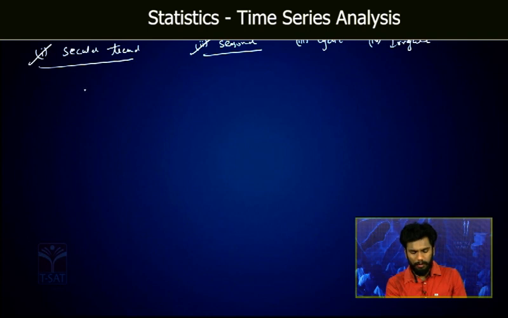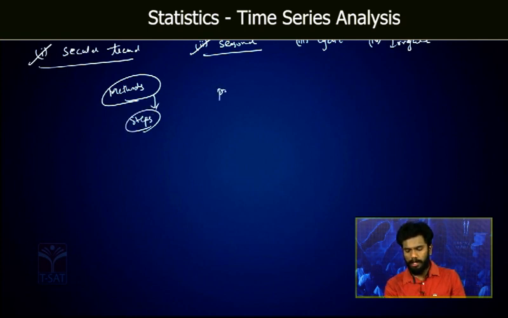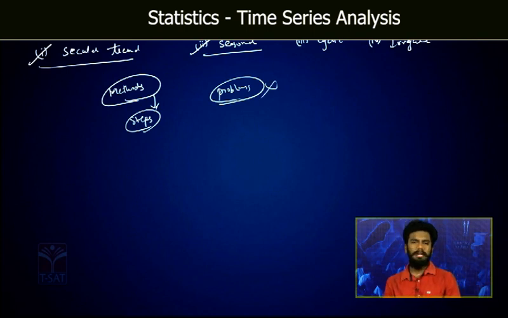We will discuss a few methods for the secular trend and also a few methods for calculating the seasonal variations. You can concentrate only on the methods and the steps involved in those methods. Don't worry about mathematical problems. There is no possibility of mathematical problems being asked.